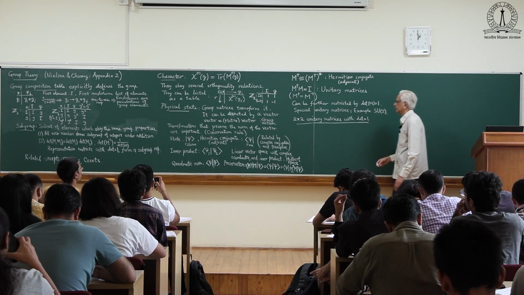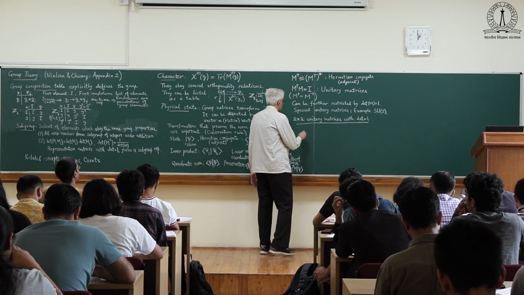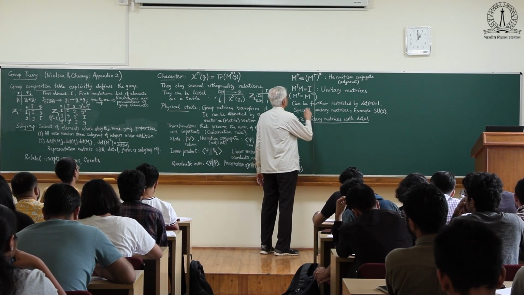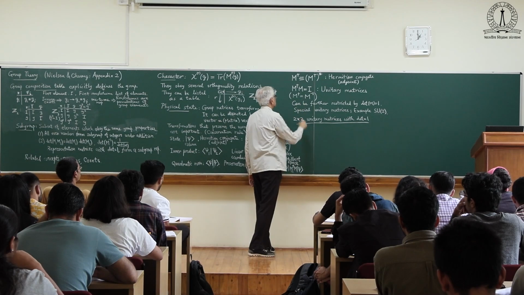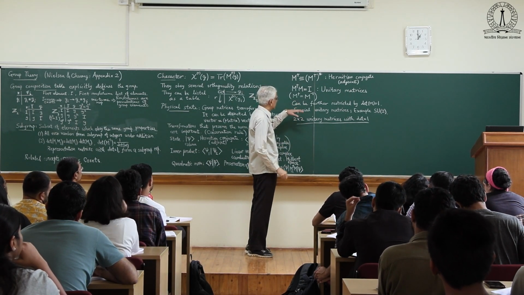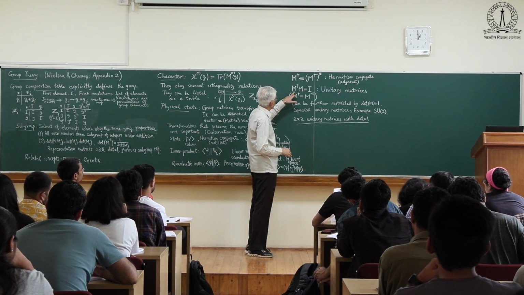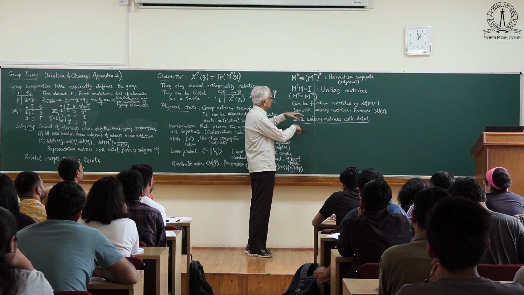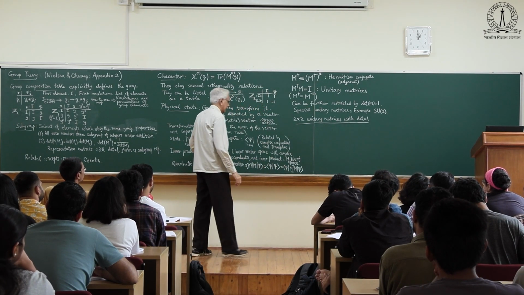It makes all kinds of things obvious. So a unitary matrix times its adjoint will give you identity. That means I take a row and construct this, which will produce this mod square.